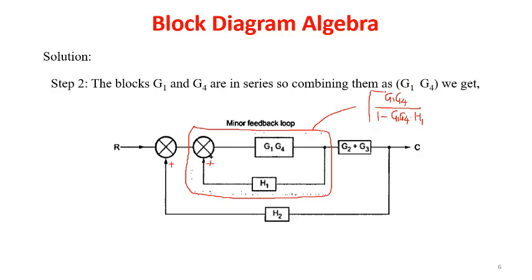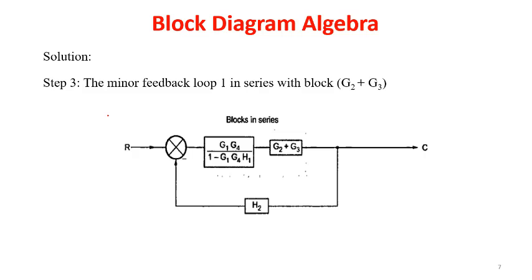So this is the canonical form of writing for a closed loop minor feedback loop. This will be the replacement in this minor feedback loop, which we are going to see in the next step, that is step number 3.